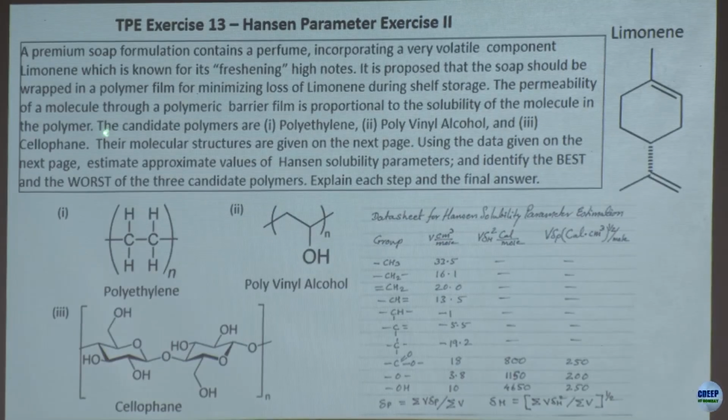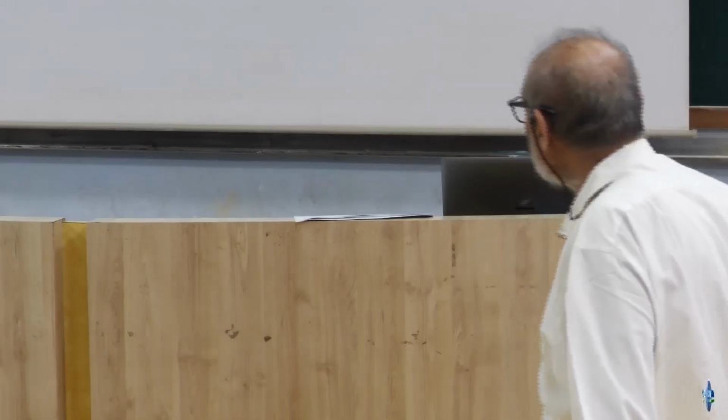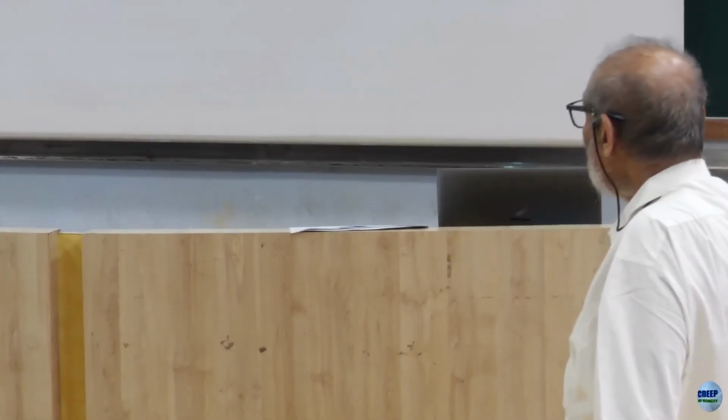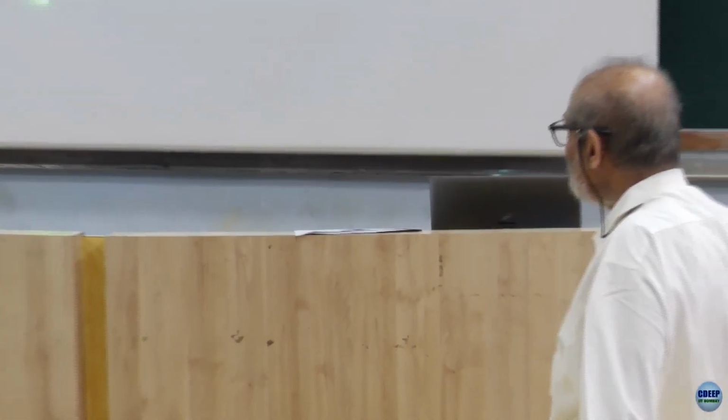Okay. Now generally the permeability of any molecule through a barrier film is proportional to its solubility in the barrier film. Fine. So we can use that clue and find out limonene would have more solubility in which of these three.